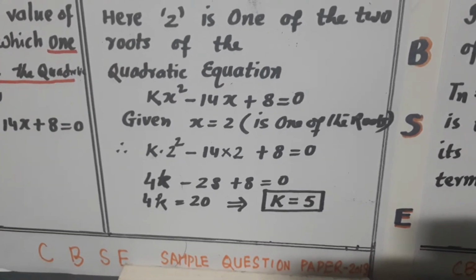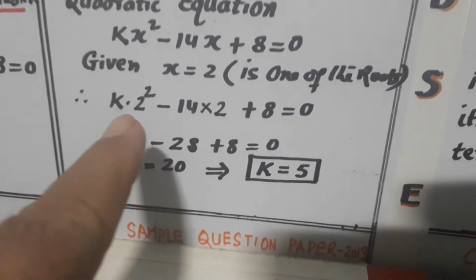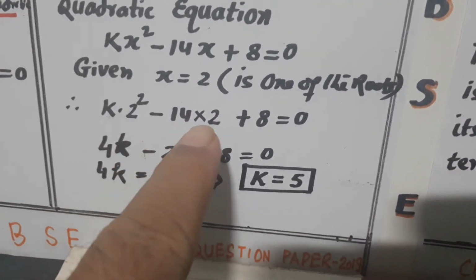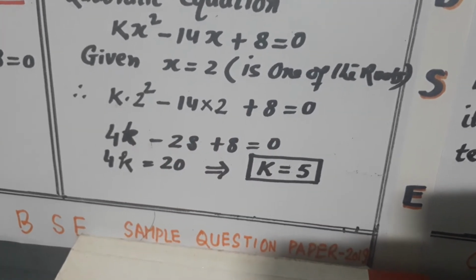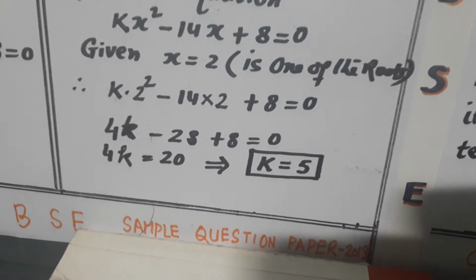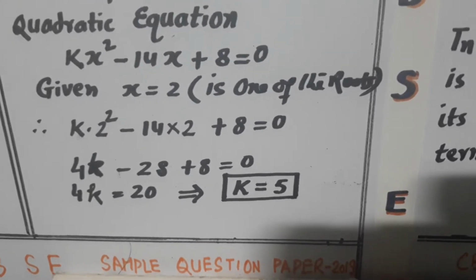It will be k into 2 square minus 14 into 2 plus 8 equal to 0. So the equation becomes 4k is equal to 20, k is 5. Very simple. Question is done.